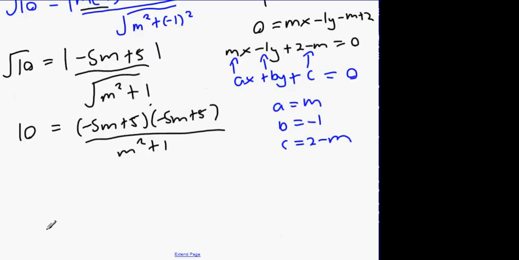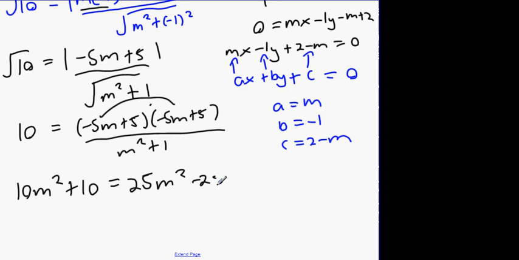I'm going to cross multiply the m squared plus 1 to the 10. It's going to become 10m squared plus 10. Then we're going to get minus 5m by 5m, 25m squared. Then it's going to be minus 25m minus another minus 25m plus another 25.